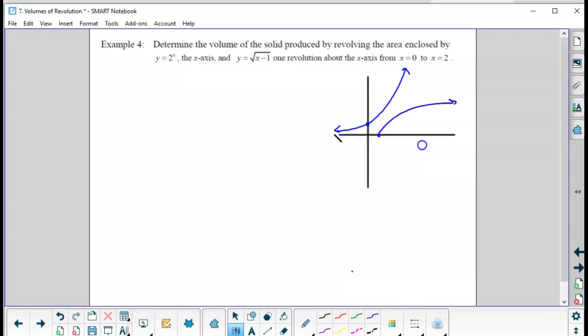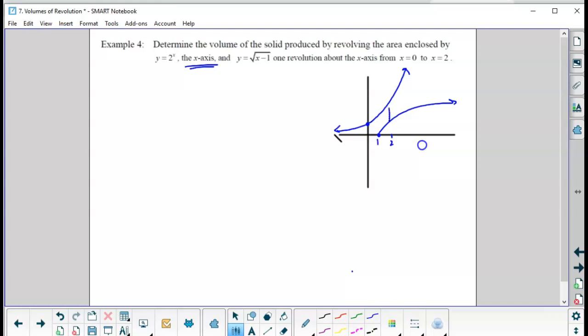Okay. And the reason it says with the x-axis as well is because we're going from 0 to 2. So if we're starting at 0, the next function isn't there, right? So this is 1, 2 would be here.